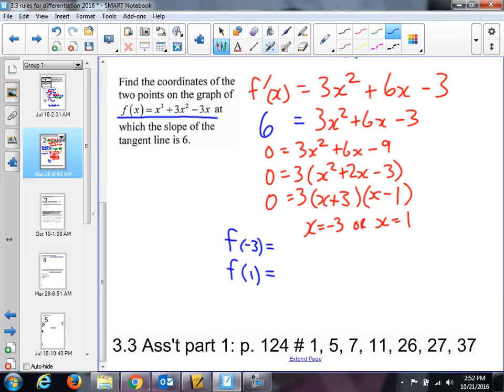So I see negative 3 cubed is negative 27, scratch work here. Negative 3 squared, so 27, and then minus 9, and 1 plus 3 is 4, minus 3 is 1.